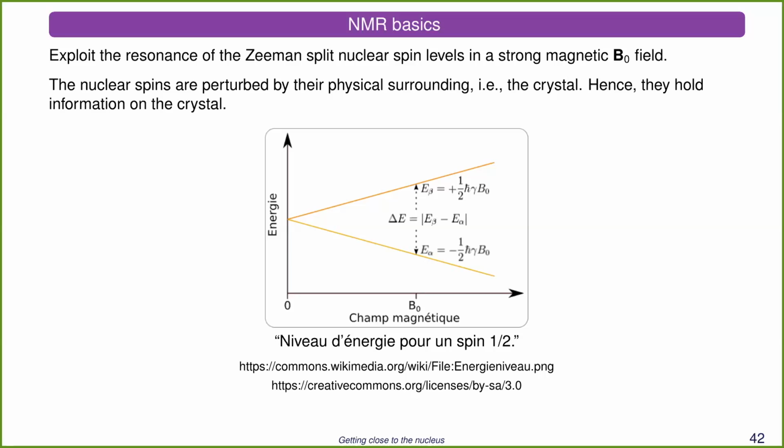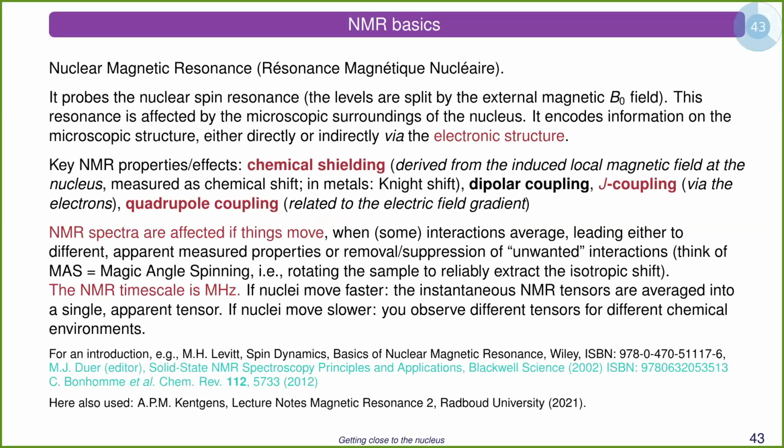What is all in there is to a large extent summarized in an NMR Hamiltonian that will come in a moment. But let's first do this slide. I was already in the next one, sorry. So what is it? It is nuclear magnetic resonance, and it probes the nuclear spin resonance. Levels are split by the external magnetic field, B0 or Bx, whatever we call this.